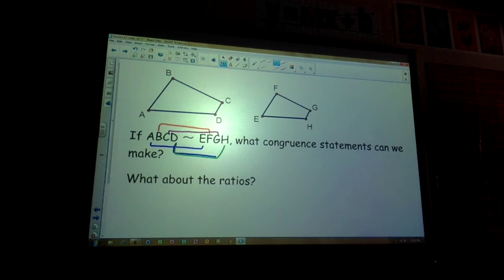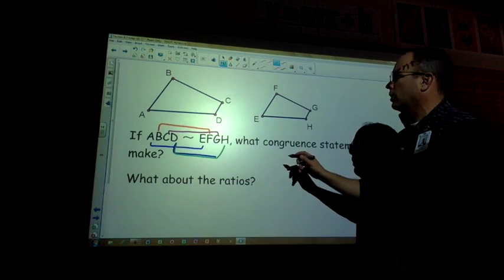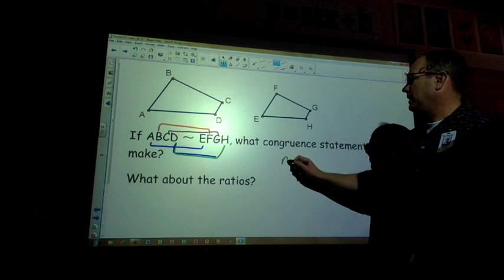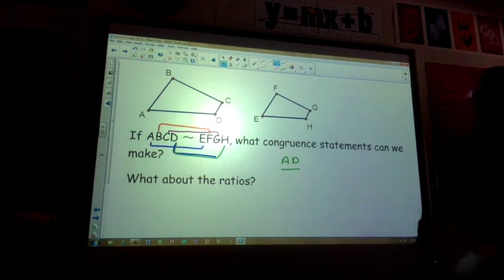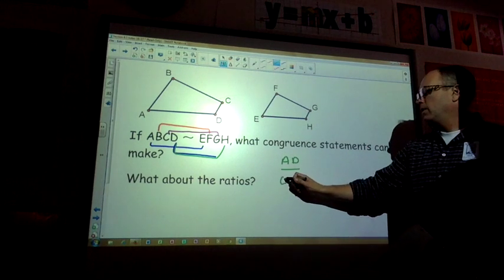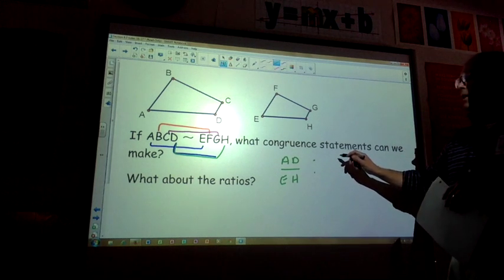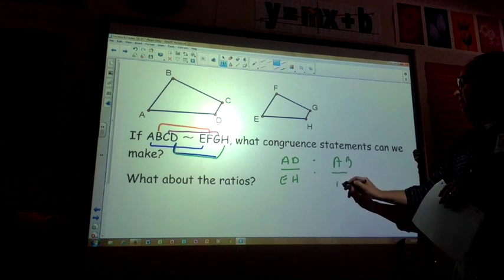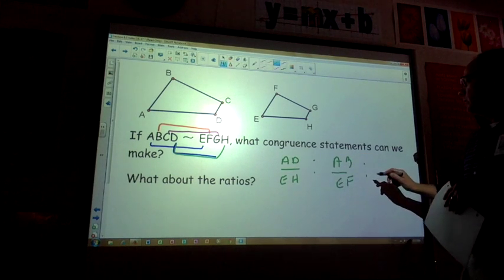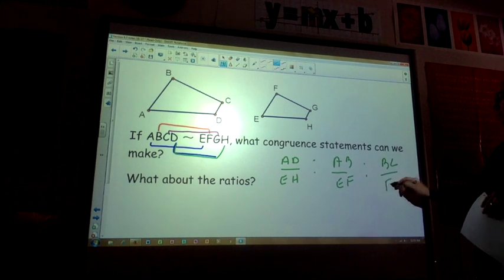What about the ratios? Well, the ratios would have to go in order. So you could say that AD is proportional to what sides? EH. And then AB and EF, BC and FG.